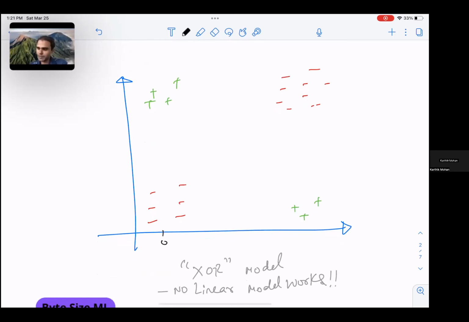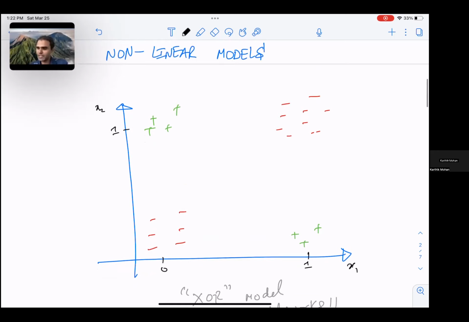So if x1 is 0, then x2 is 1. And if x1 is 1, then x2 is 0. So this is the XOR, right? There is no linear model that can fit an XOR. So only nonlinear models work here, right? This is an example where you need a nonlinear model.